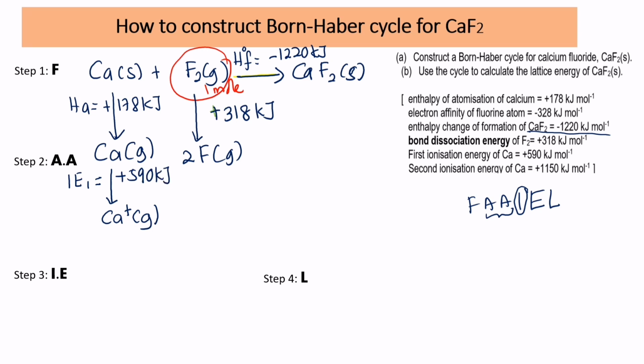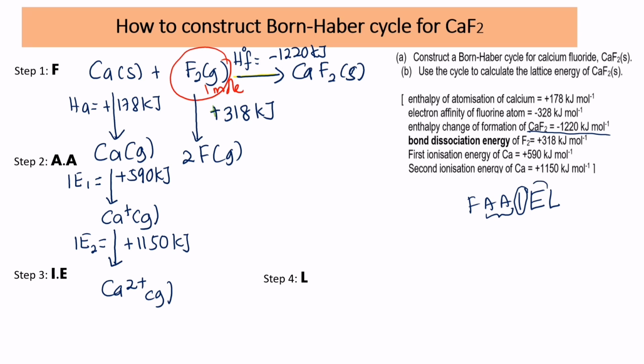And then we continue with the second ionization energy. Ca+ removes another electron and forms Ca2+ gas. So IE2 is equal to positive 1150 kilojoules.